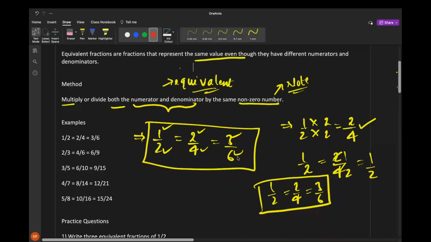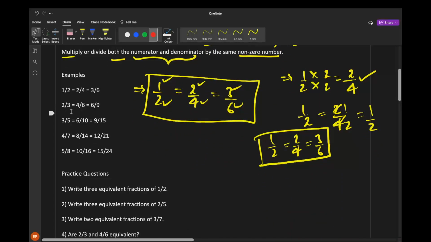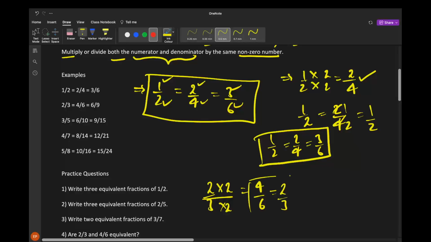Okay, here are some examples. 2 by 3 equals 4 by 6 equals 6 by 9. For 2 by 3, I am multiplying both numerator and denominator by 2, which gives 4 by 6. So 2 by 3 equals 4 by 6. And 4 by 6: 2 twos are 4, 2 threes are 6, which gives again 2 by 3, right?